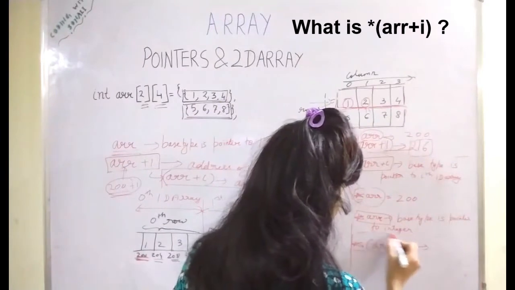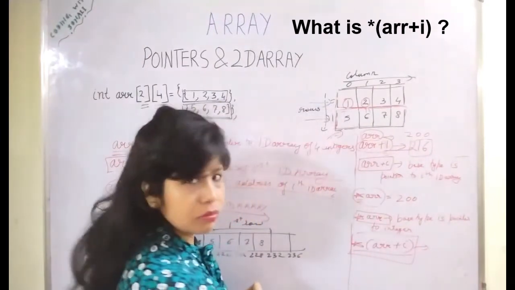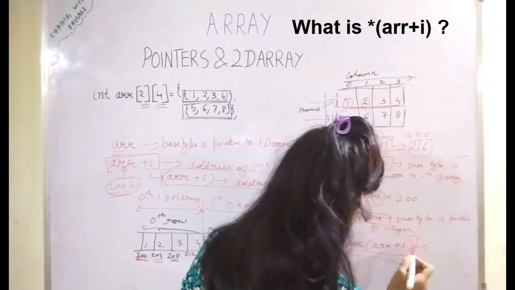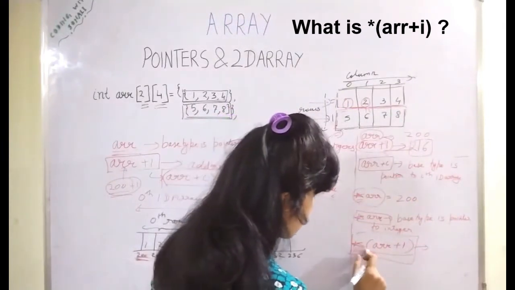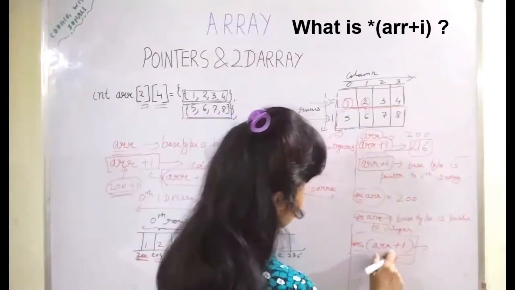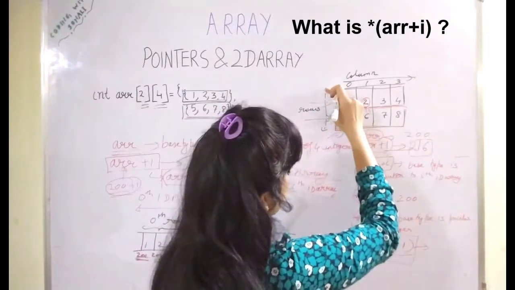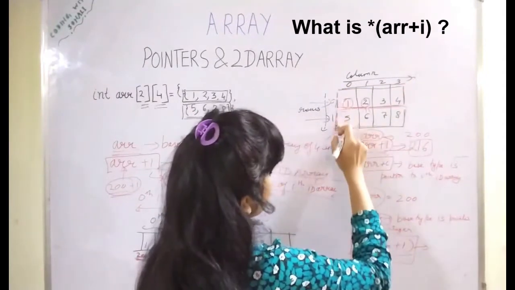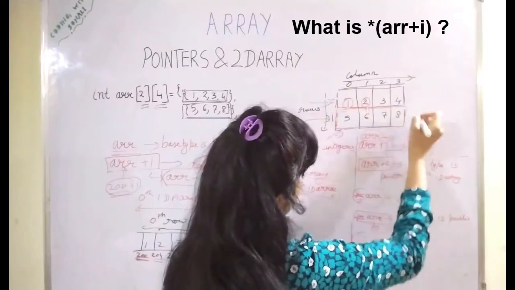Considering 1 instead of I, what will be the star of ARR plus 1? First of all, ARR is pointing to the 0th 1D array. When I add 1 to it, it will point to the first 1D array, that is this one.